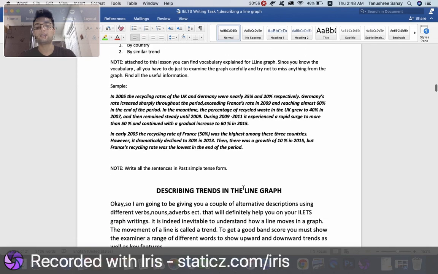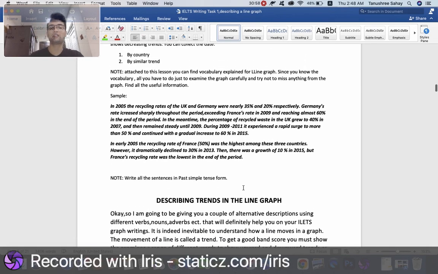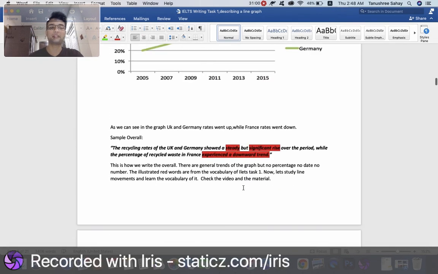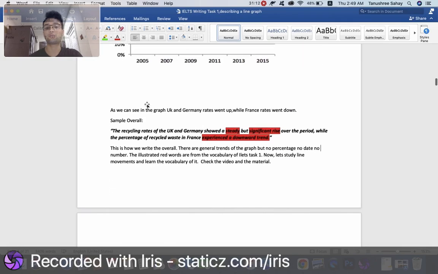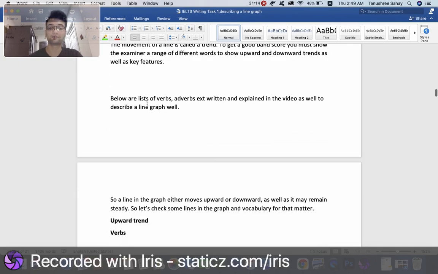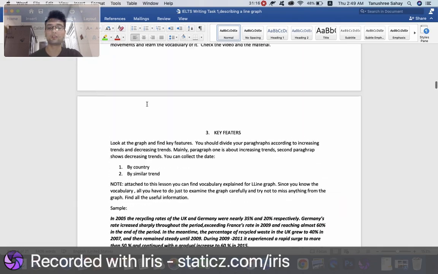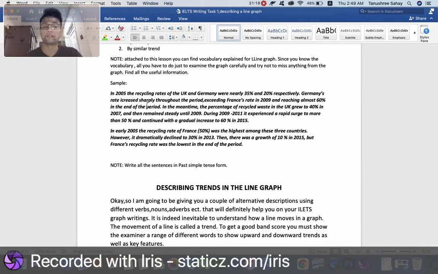So in 2005, the recycling rates of the UK and Germany, which were the blue line and the green line, these two lines at the beginning of the period, which means in 2005, were nearly 35% and 20% respectively.